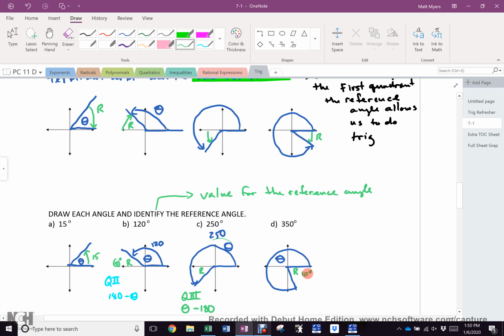Right? Because all the way around would be what? 360, but I came back. So, how do we do that one? In quadrant 4, 360 minus theta. Everybody cool? All right.